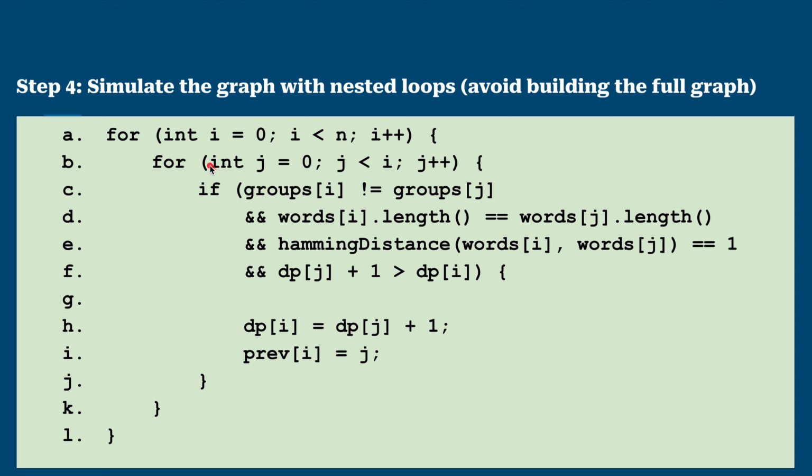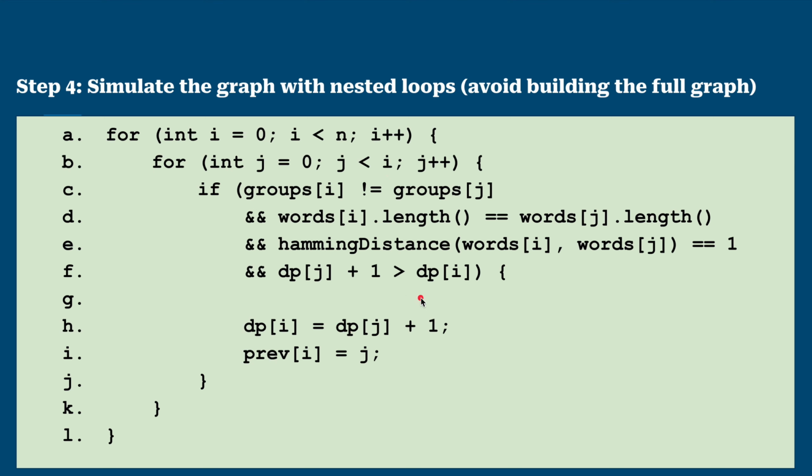To do that, we are making two for loops. For every I, we go through all the previous j. If a valid transition exists from j to I, we try to extend the path ending at j by adding I. Understood? And we only take it if the result is longer; if it is longer, we update it.